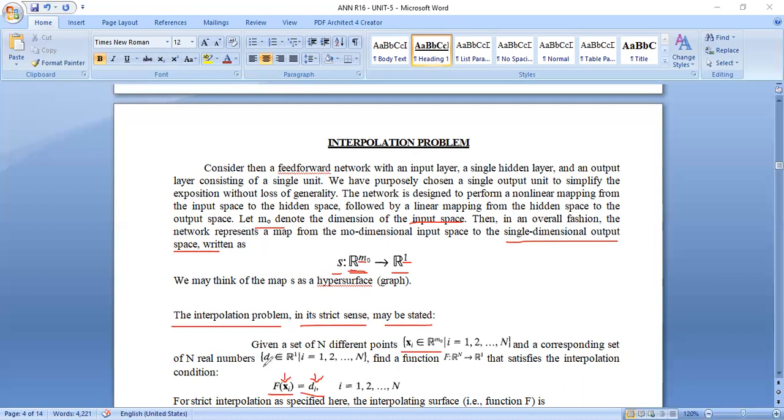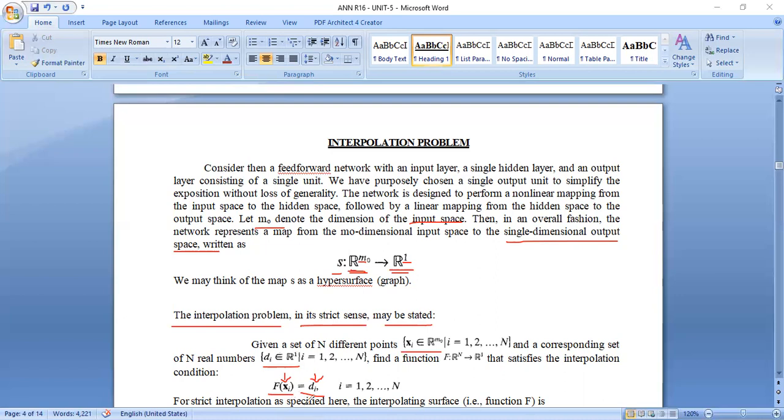Here di belongs to R1, the output space, and xi belongs to the input space. Now the aim of the interpolation problem is to perform a mapping between the input neurons and the output neuron.